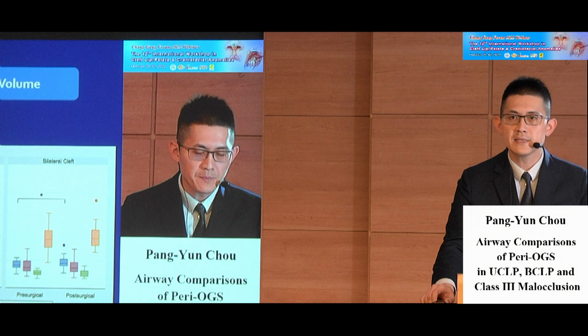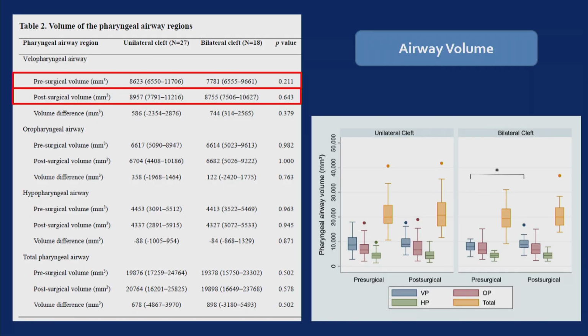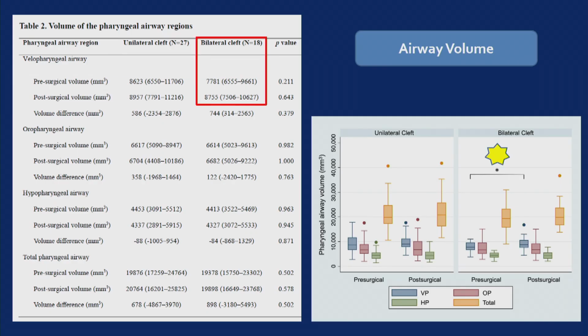However, in BCLP, before surgery the airway is much smaller than in UCLP, but after the surgery the BCLP airway is much similar to the post-op airway of the UCLP. In comparison, within the BCLP group there is a significant increase of the post-OGS airway, but in the UCLP there's no significant difference.